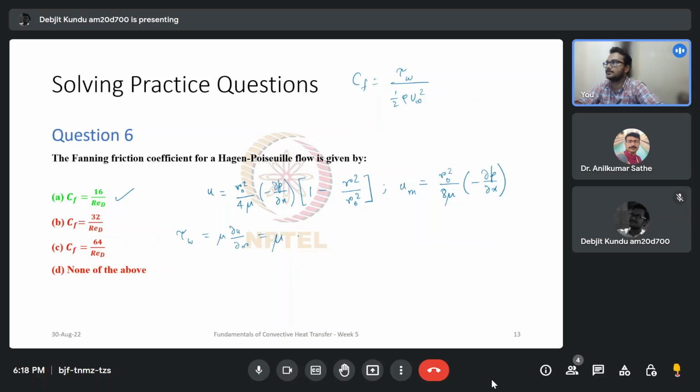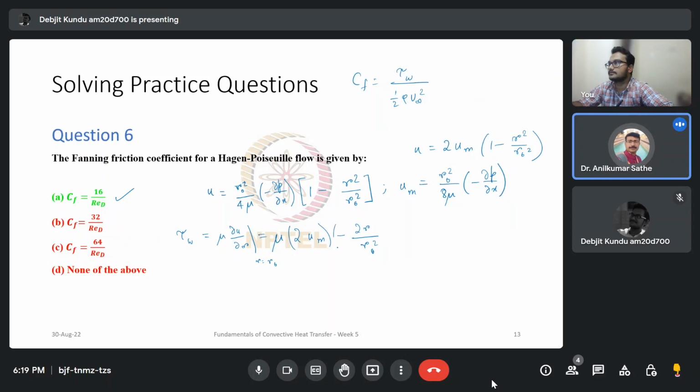If we plug in this value of mean velocity, we can write u as 2 u mean into 1 minus r squared by r naught squared. Differentiating this with respect to r, this becomes 2 and inside it would be minus 2r by r naught squared. And we want this at r equal to r naught, that is at the wall.